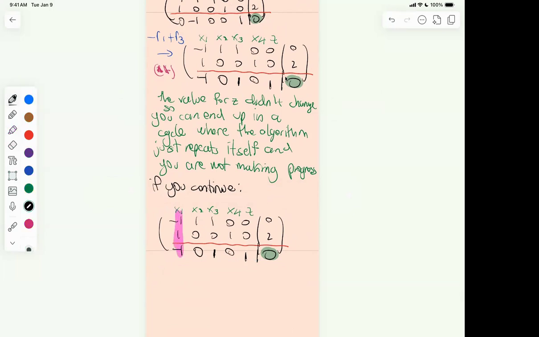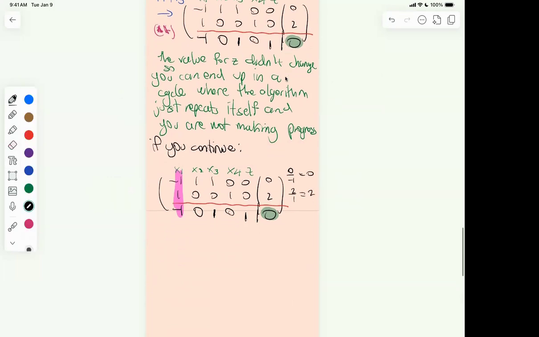And in this case, if you do the ratios, you get 2/1, which is good because now you do have a positive ratio, so you can continue without problems. So you would choose this coefficient. Let me just indicate the one that I would choose to make zeros everywhere else.